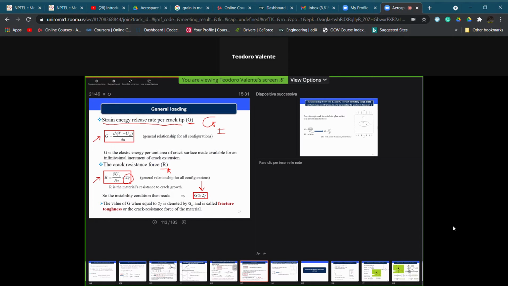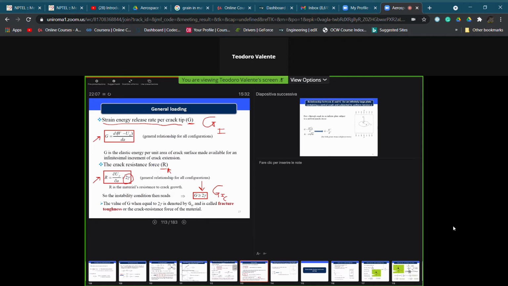And we can define, as we did with the stress analysis approach, a critical value of the strain energy release rate, which is called G1C, for example. And this G1C is equal exactly to 2 times gamma.